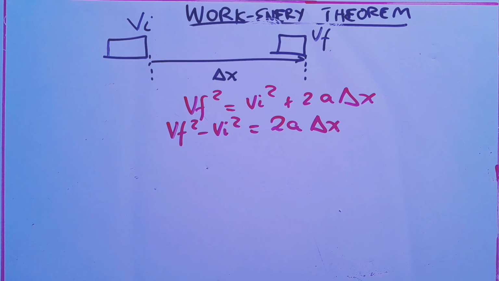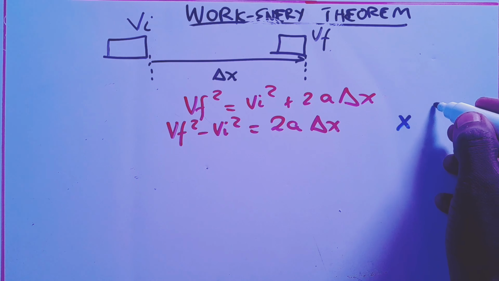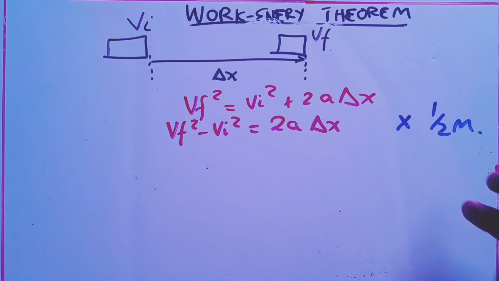So we are trying to achieve something. Let's just multiply the whole equation by half m.